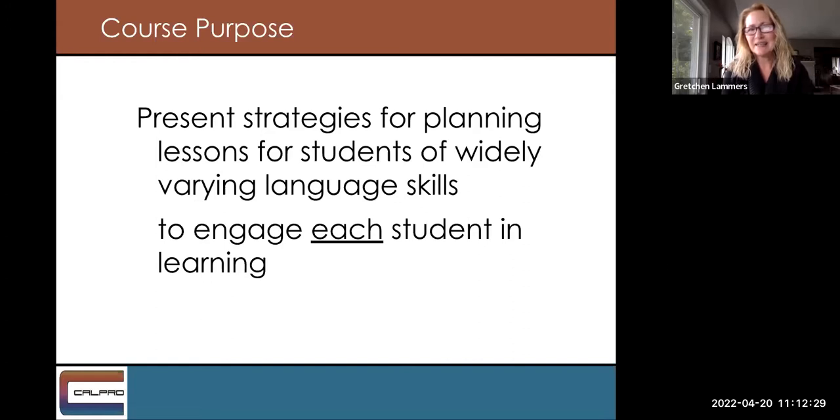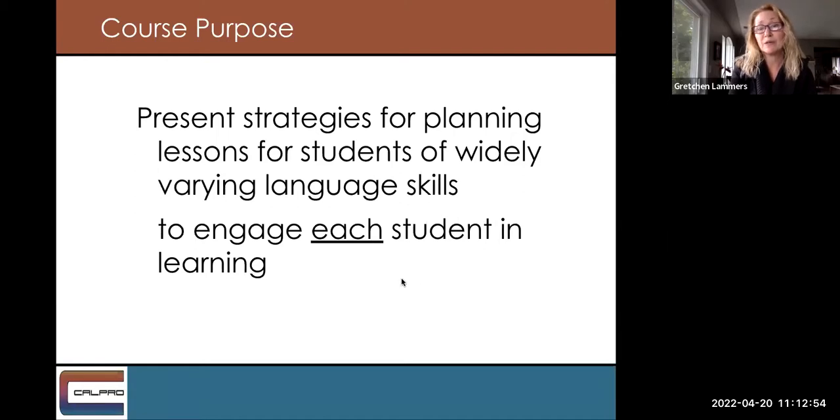And secondly, and just as importantly, is to engage each student in the learning process. I think that all of us know that it's a typical thing that happens that we aim too high or we aim too low and we teach to the middle. And in MESL classes, we really want to avoid that as much as possible.